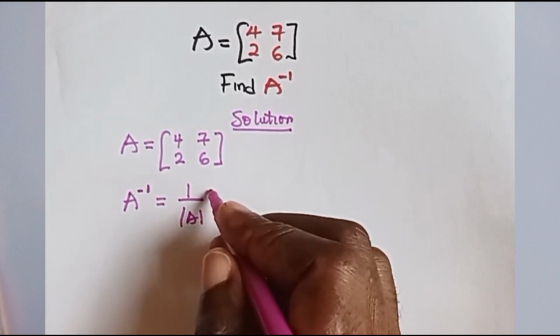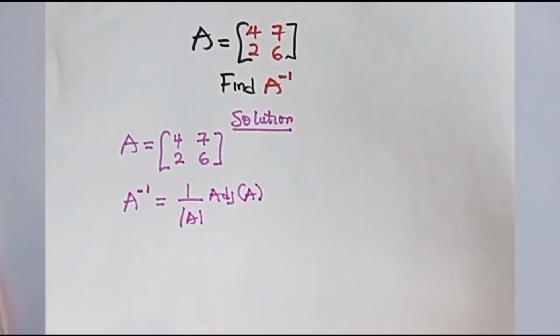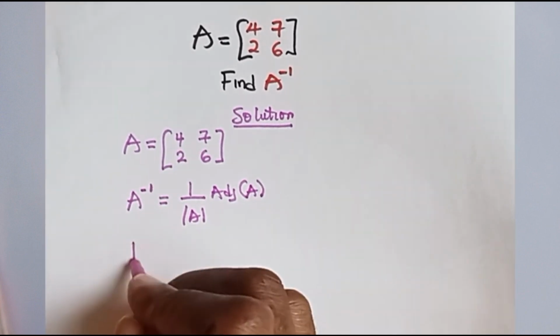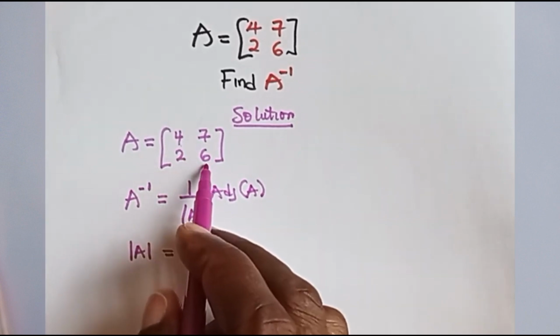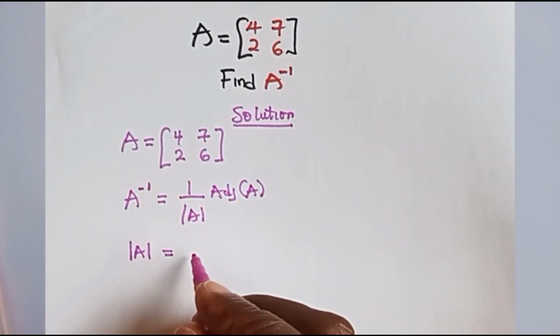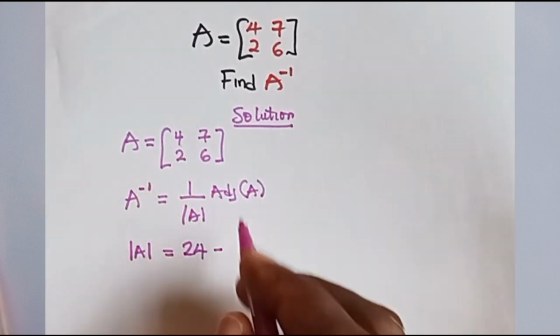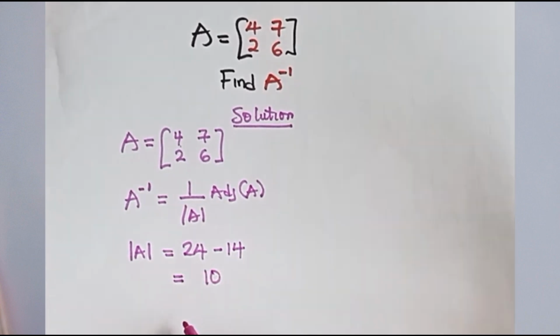That is, we have to be sure that our determinant is not equal to 0. So let's find the determinant. It gives us 4 times 6, which is 24, minus 2 times 7, which is 14. So our determinant gives us 10. That means this matrix is invertible.